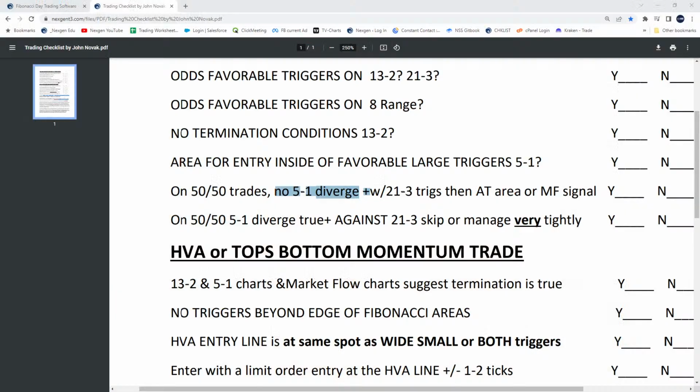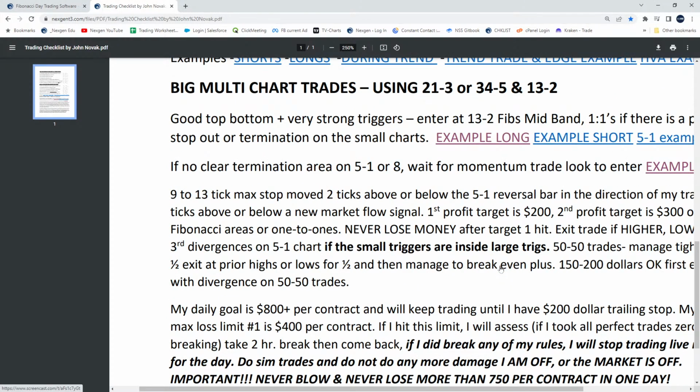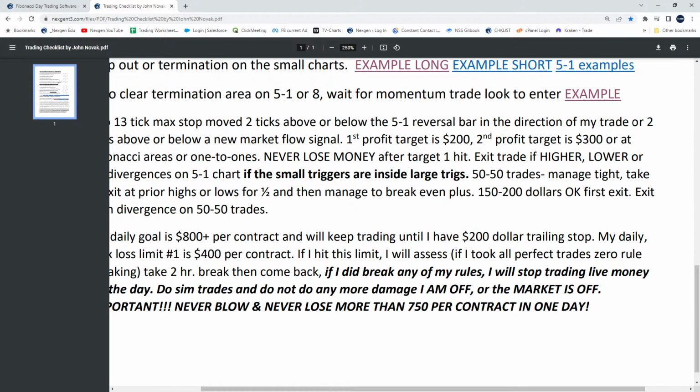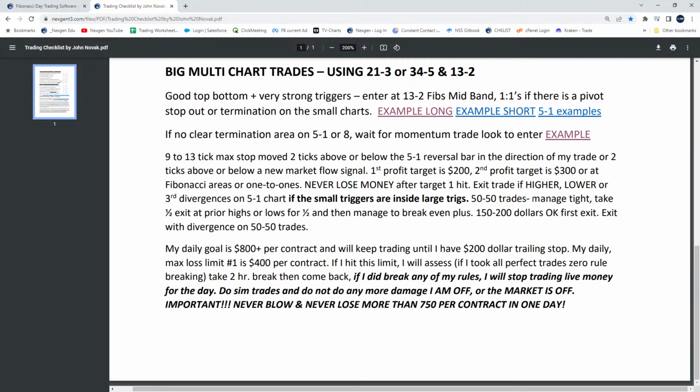Now let's go back to the rules one more time. And again, I have management down here. It says on 50-50 trades, manage tight. Let's see if you guys can see that. Can you guys see that okay? On 50-50 trades, manage tight, take half an exit at prior highs or lows, manage to break even plus, exit trade with higher or lower divergences.